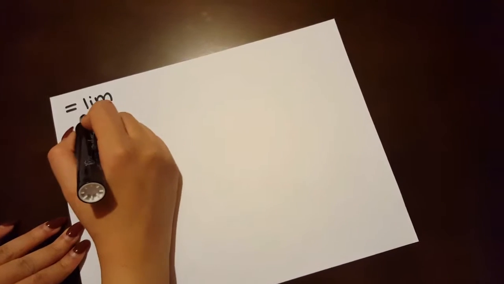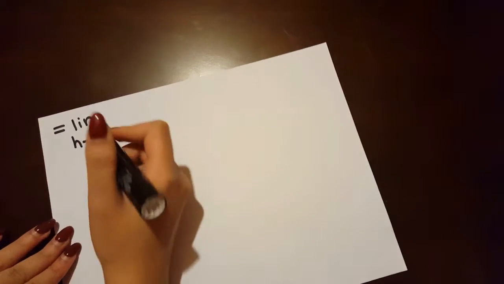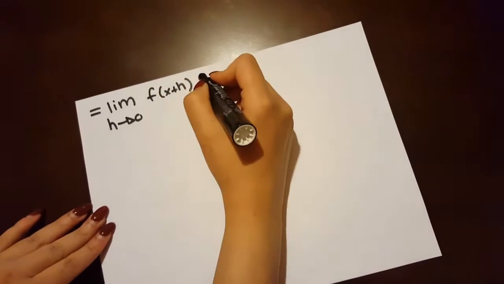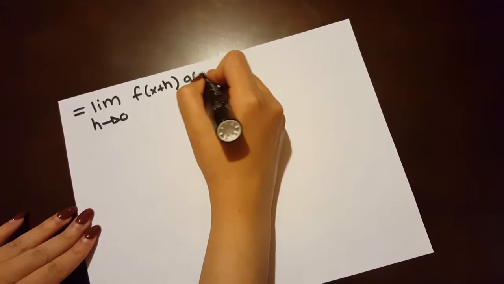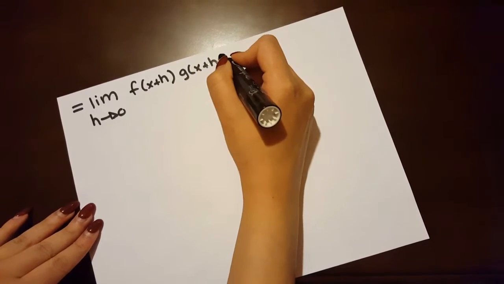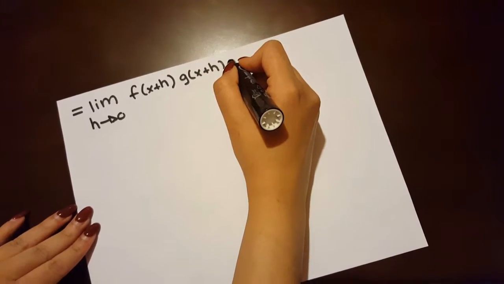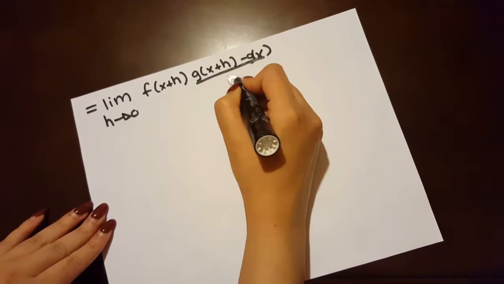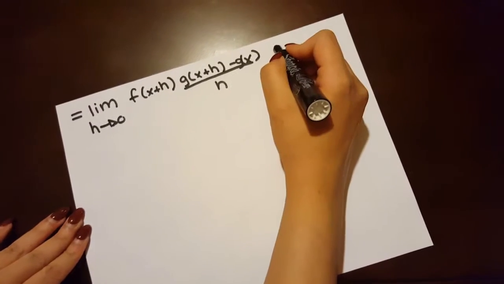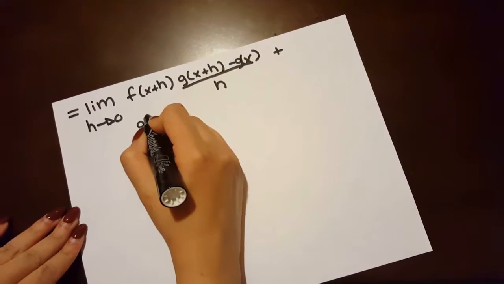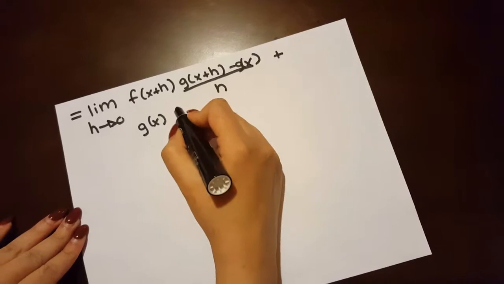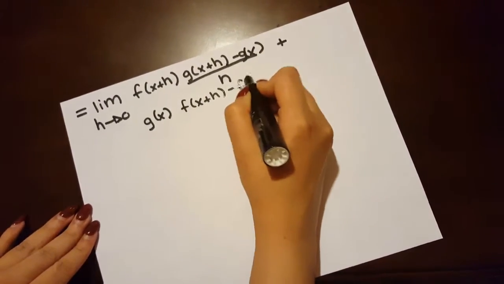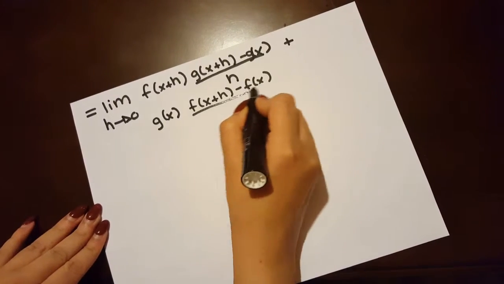So now it would look something like this. f at x plus h times g at x plus h minus g at x all over h, and then plus g at x times f at x plus h minus f at x all over h.